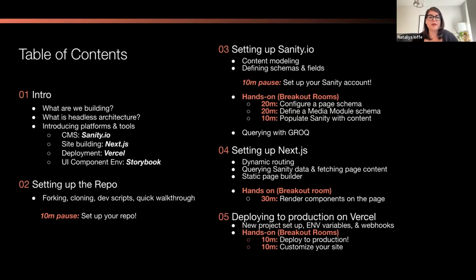And then lastly, we are going to be deploying to production on Vercel. And we'll do some breakout rooms there as well. And then hopefully you'll have a whole working app website that you can customize to your pleasure later. So that's what we'll be going through, and we have some guided times here, but if people are faster or slower, we'll see how it goes.